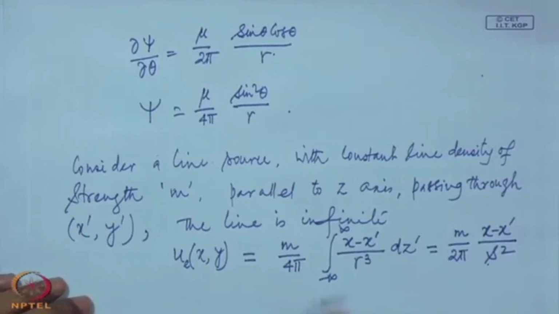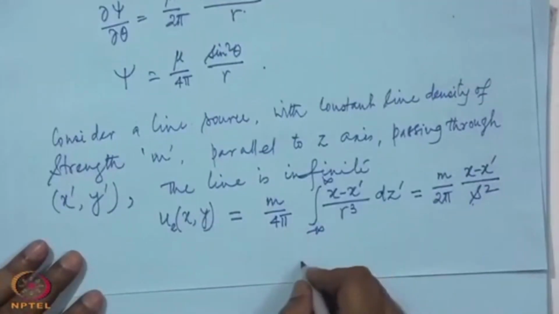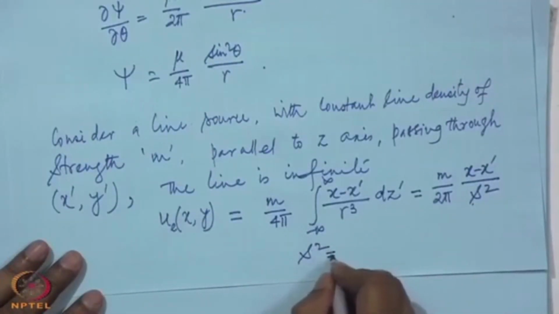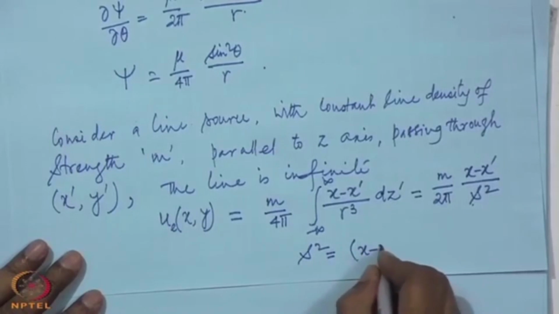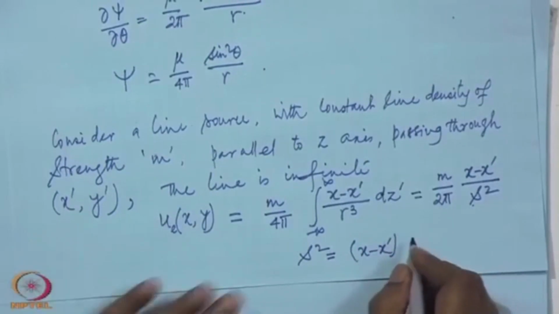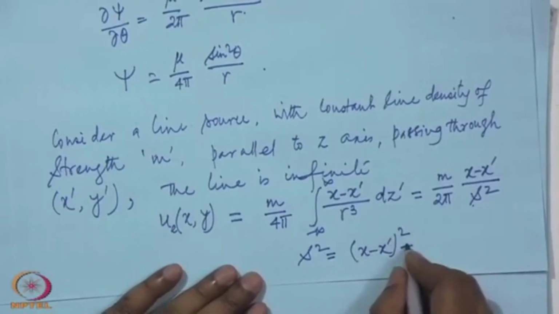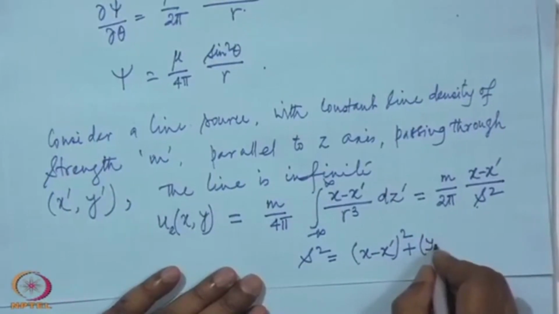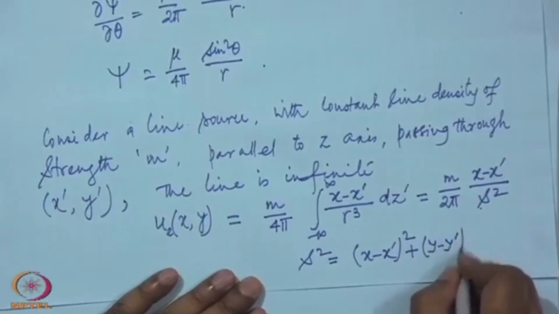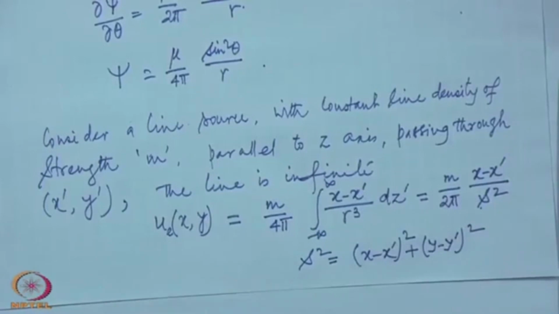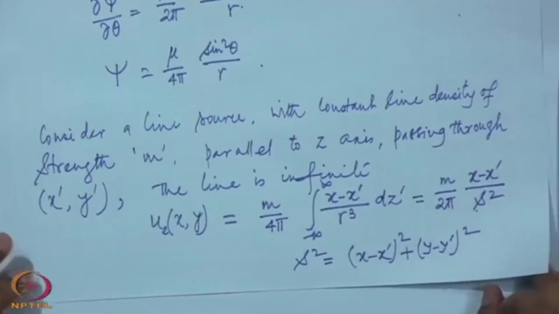This s square, that is, it is the perpendicular distance of the point from the line.